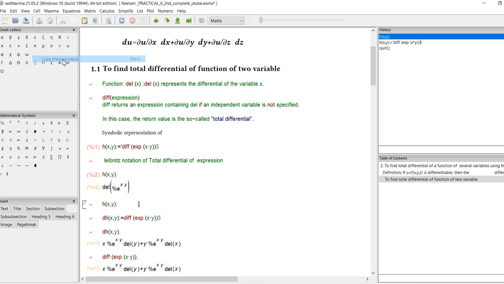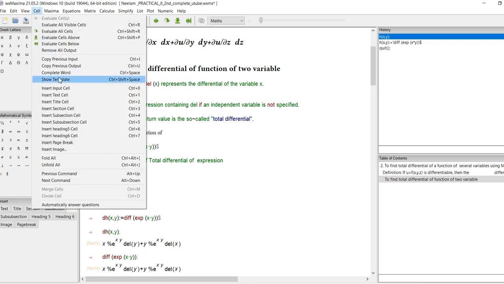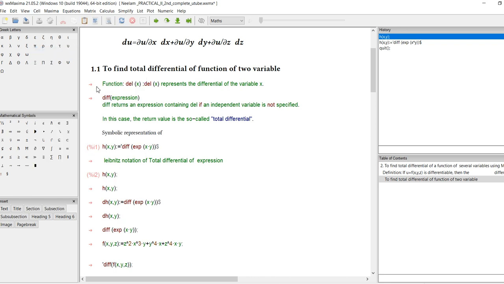Let us eliminate this output first here. I will use the remove all outputs command here. So I enter here, this is my first input. Here I want this output. What is this output?